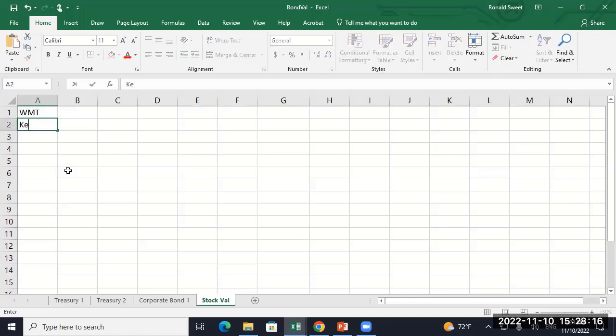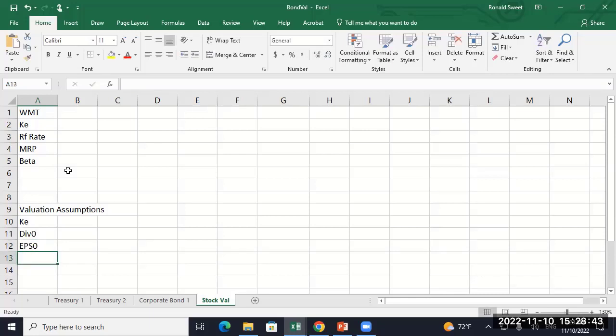So we need a discount rate, and then we need valuation assumptions. So for the KE, we need a risk-free rate. We need a market risk premium. We need a beta. So I'm doing Walmart, so you can't do Walmart. For valuation, we need a KE. We got that above. We need dividend 0. We need earnings per share 0.